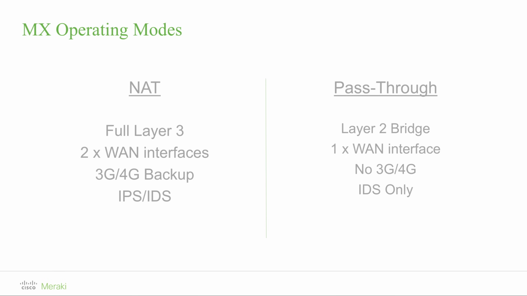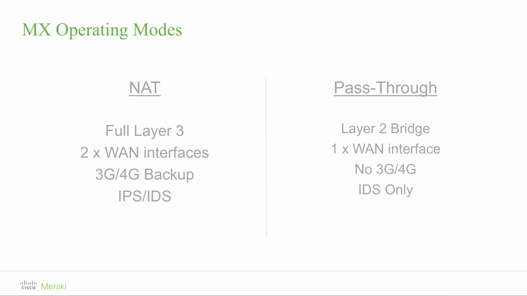We have 3G, 4G as a backup, so when you put them in NAT mode, you'll be able to use the 3G and 4G as a backup. And you do have the 2 modes, intrusion detection and intrusion prevention, that you can operate in. It's really up to you which one you will select, in addition to, of course, other features like the firewalling rules and so on.